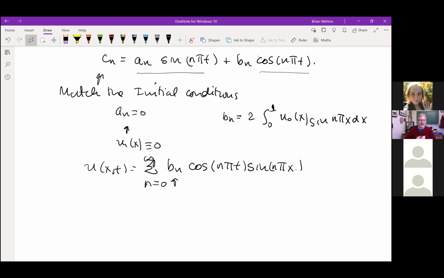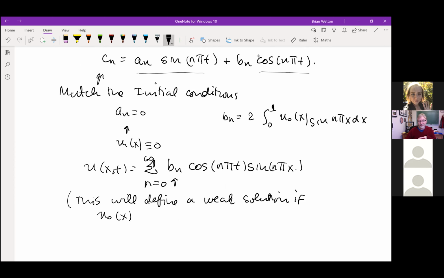So yes, there are cases you have to be careful, but not in this particular case. I'll put a note here, right? This will define a weak solution if u0 of x, well, for this to make sense, right, u0 of x would actually have to have 2 continuous derivatives, right?